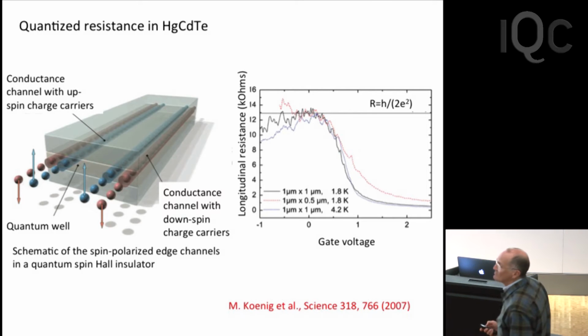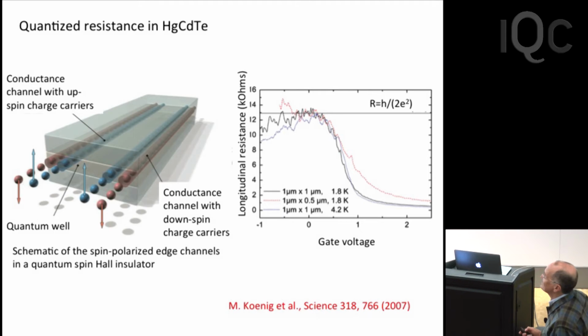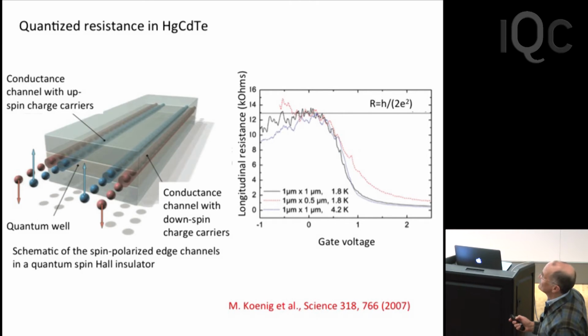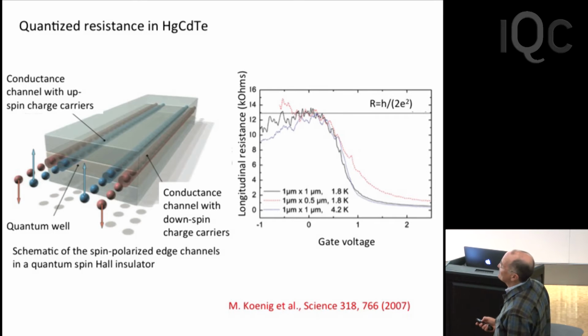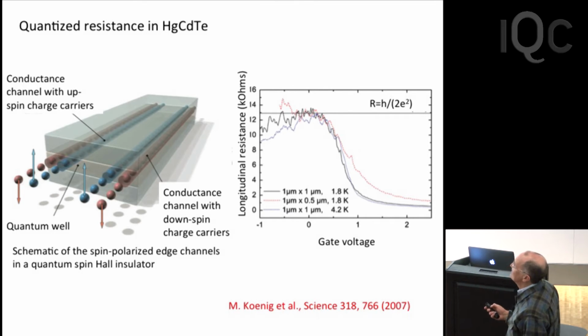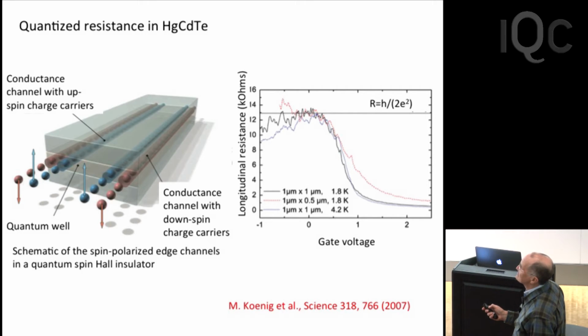This is called the quantum spin Hall effect, and it's been confirmed in this system by using bulk transport measurements. In particular, if you gate the sample, if you apply an electric field to it to change the level of the Fermi level so that it goes in between the conduction band and the valence band, then you have quantized conductance.